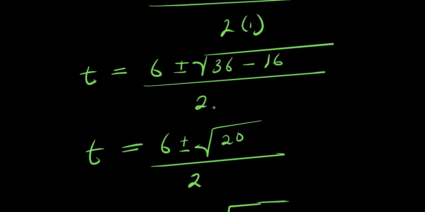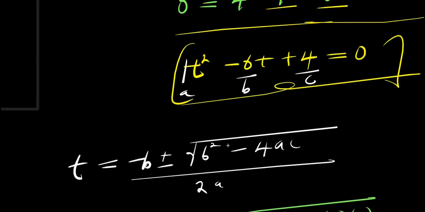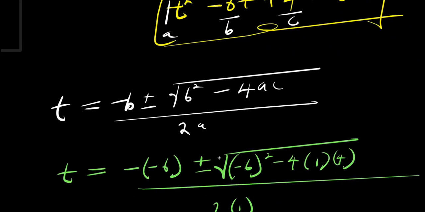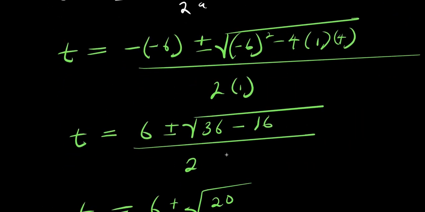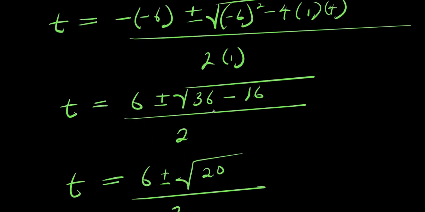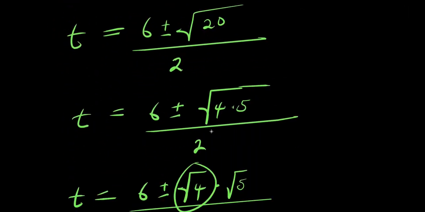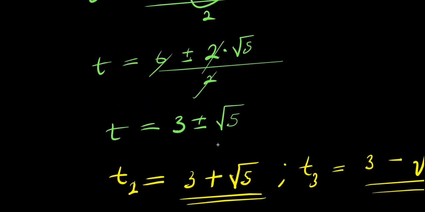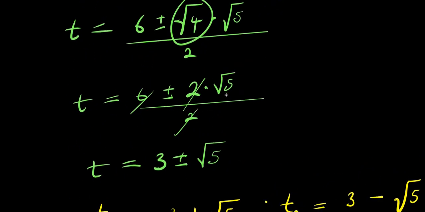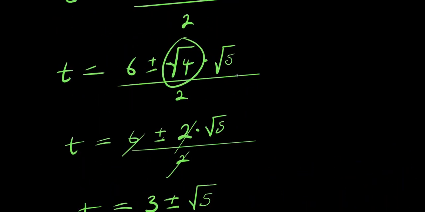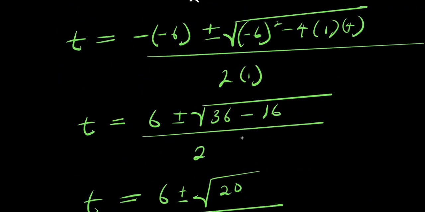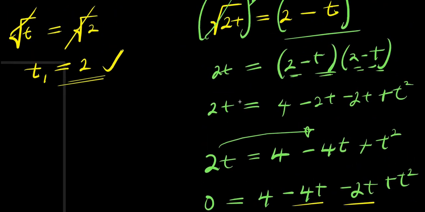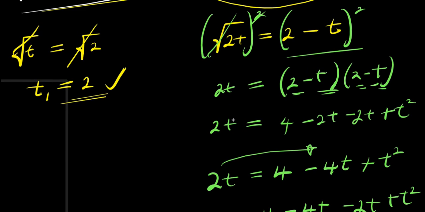I believe I've done it right. So I believe they are all correct. Okay, so let me cross check. All right, I feel they are correct. So this is it, guys. This is how you can solve this exponential problem.